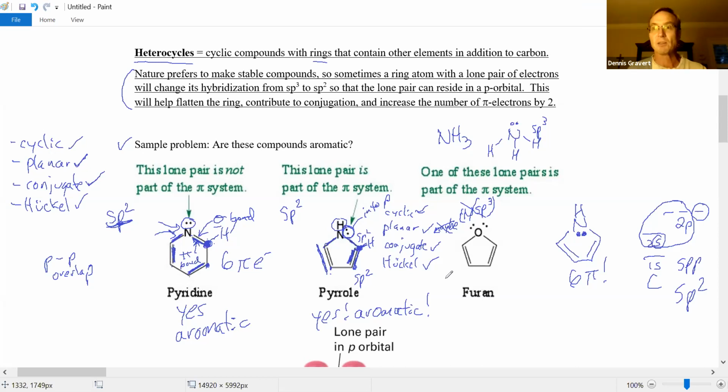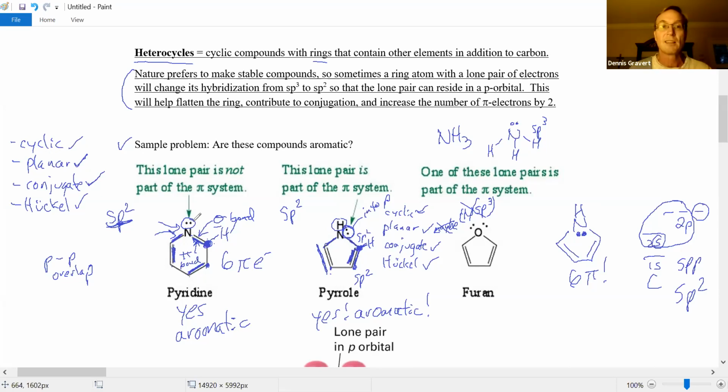Sometimes more than one atom can do this. Mother Nature, she makes the rules. Okay, so it's sort of like a wild card. Think of that lone pair as a wild card, as long as the nitrogen's not already committed that p orbital.